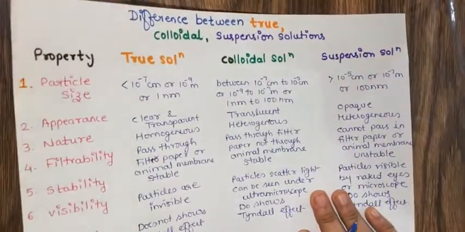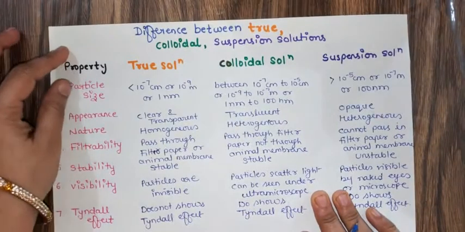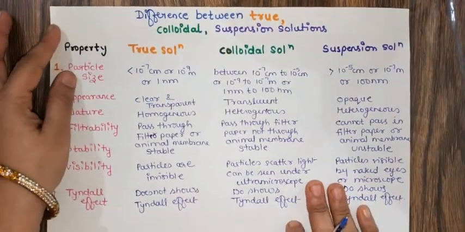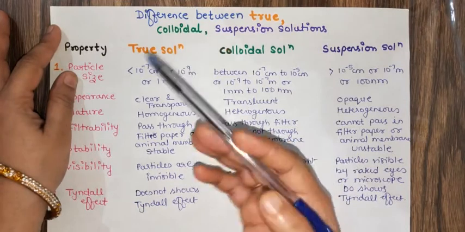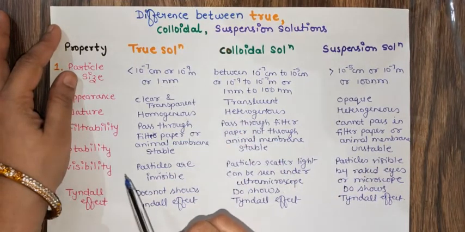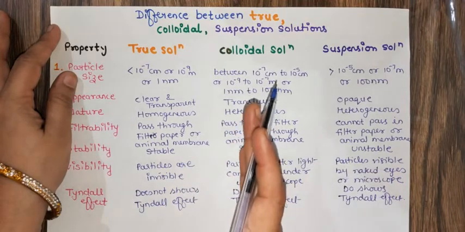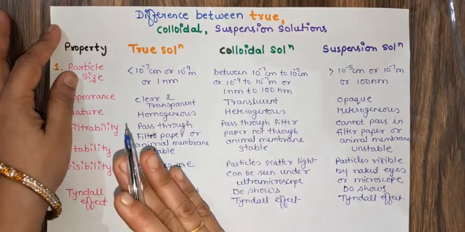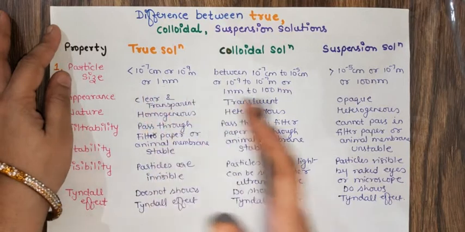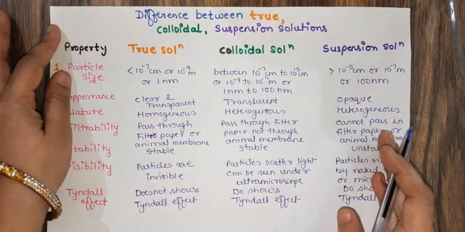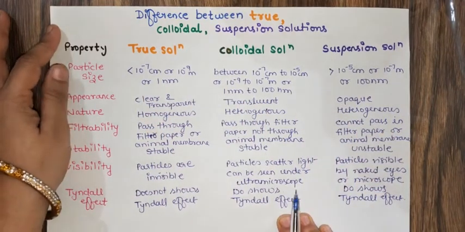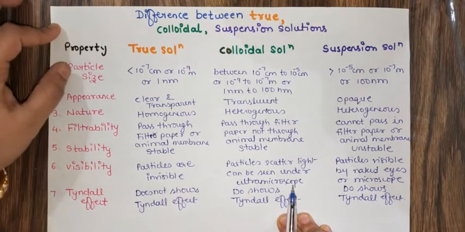Now let us discuss the differences between the true solution, suspension and colloidal solution. As we have learned, true solutions are homogeneous, while colloidal solutions and suspensions are heterogeneous. Let us start with the property of particle size.